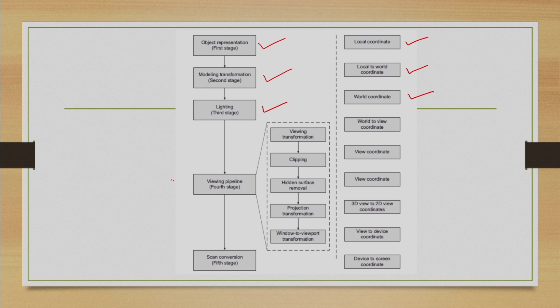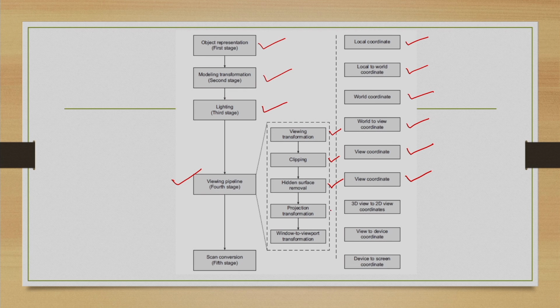Fourth stage is actually a collection of substages. Fourth stage is the viewing pipeline, which consists of 5 substages: viewing transformation. So, in this stage there is a transformation that takes place from world coordinate to a new coordinate system called view coordinate. Then there is one process called clipping, which takes place in the view coordinate system. Then another process, hidden surface removal, which takes place in the view coordinate system again.